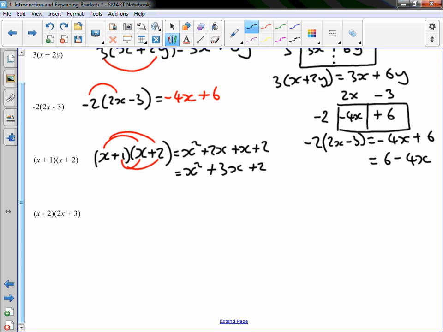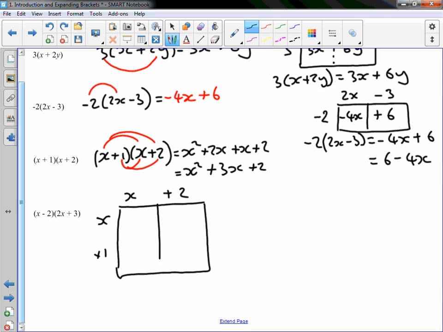Okay. As before, I can expand this by drawing it as a rectangle. I'm going to take my first term, x plus 1, to be the width, and my second factor to be my length. And again, I'll go through and find the areas of those rectangles.